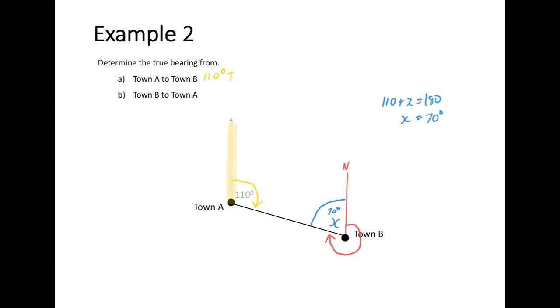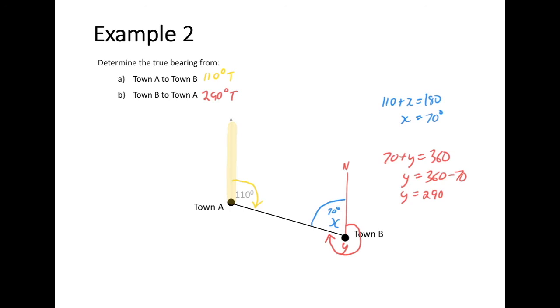And that is going to be 70 plus my true bearing measurement is going to add up to 360. So calling that measurement y, 70 plus y is equal to 360. So y equals 360 minus 70. So y is going to equal 290. So the true bearing from town B to town A is 290 degrees true north.